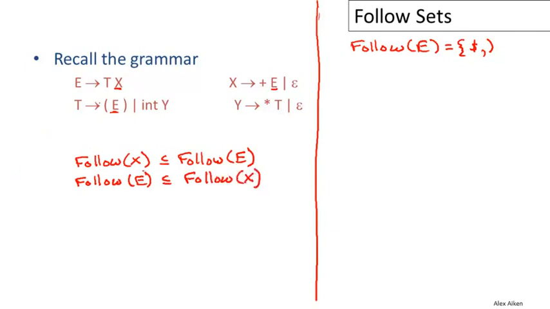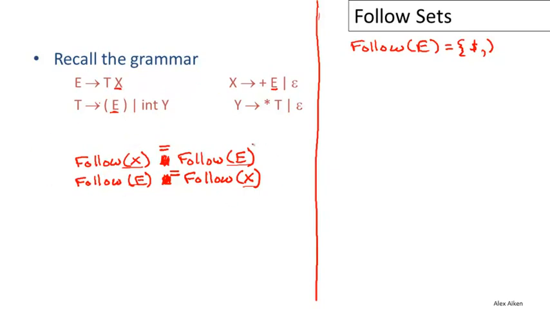And what does that mean? Well, follow of X is a subset of follow of E, and follow of E is a subset of the follow of X. So that really means that these two sets are equal. The follow of X and the follow of E, whatever they wind up being, are going to have to be the same set. Now we've looked at all the places where E is used in the grammar, and all the places where X is used in the grammar.